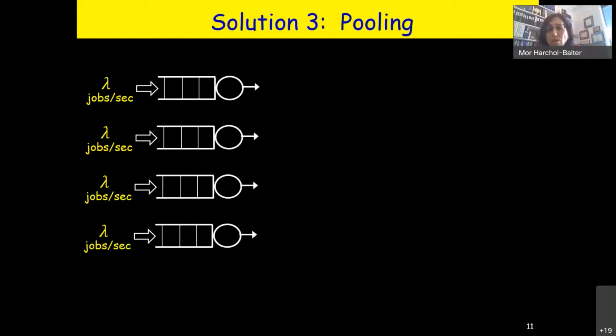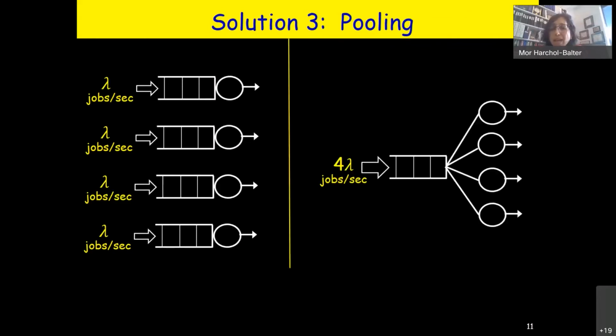One thing that you can do is to just pool all the queues together. So what I mean by that is I'm now going to have one queue, and I'm going to take all the arrivals from the other queues and put them into one queue. So instead of each being lambda, there's 4 lambda coming in. And I have the 4 servers, but all the arrivals have gone into one queue.